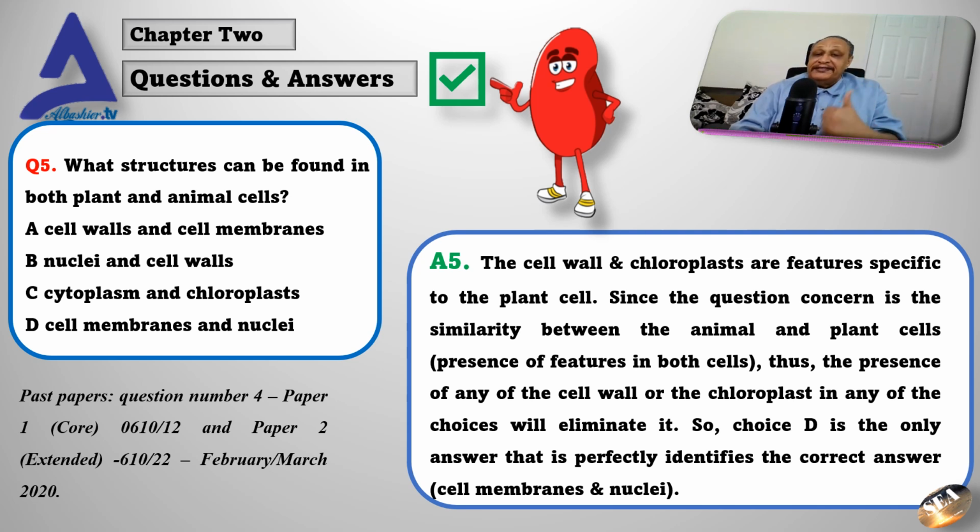So choice D is the only answer that correctly identifies it: cell membranes and nuclei. This is the way you should follow. Again, you are playing against time, so do not spend more than 1 minute on one question. There are a lot of questions. If you answer them in less than 1 minute, this gives you spare time added to the revision time you are going to do.